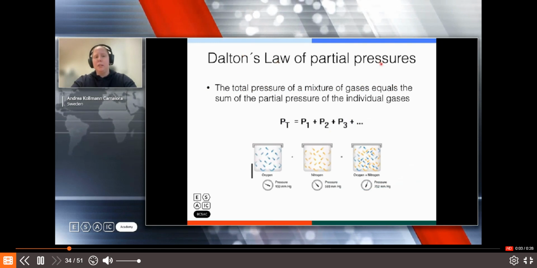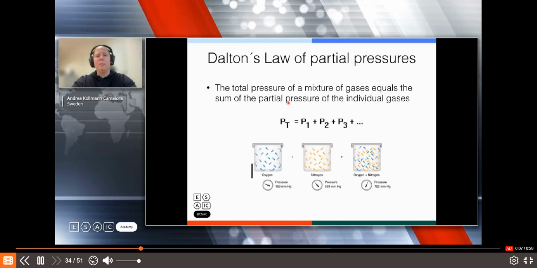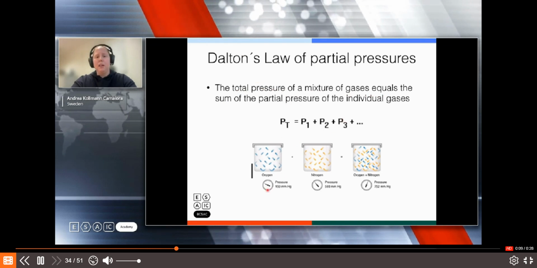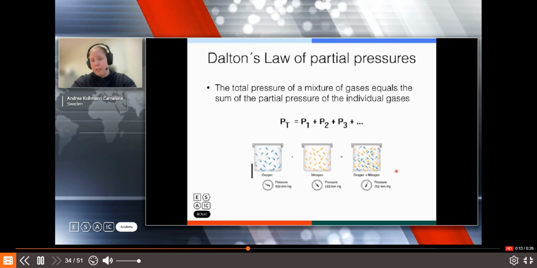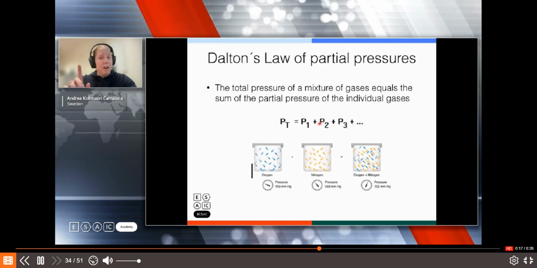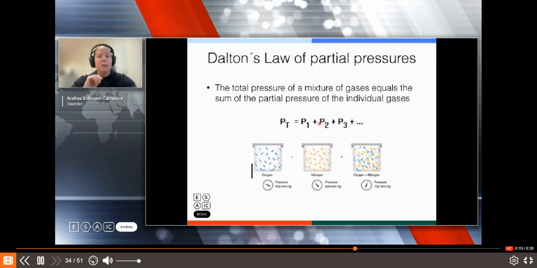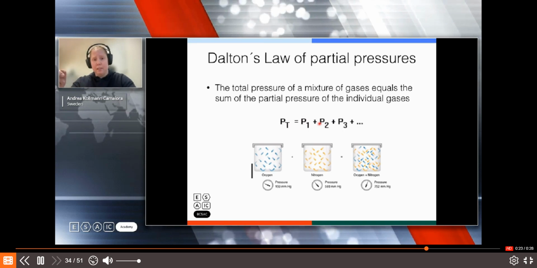Dalton's law of partial pressure states that the total pressure of a mixture of gases equals the sum of the partial pressures. So if you have oxygen plus nitrogen, it gives you more or less what we have in the air. And note that the pressures are added, not multiplied. This is a common mistake people make in the European exam, or when studying physics for anesthesia.